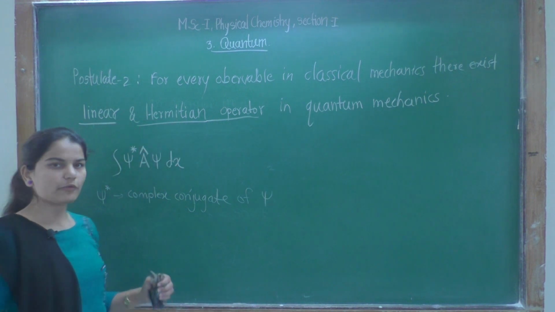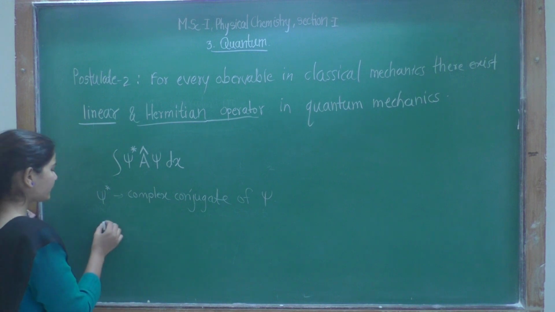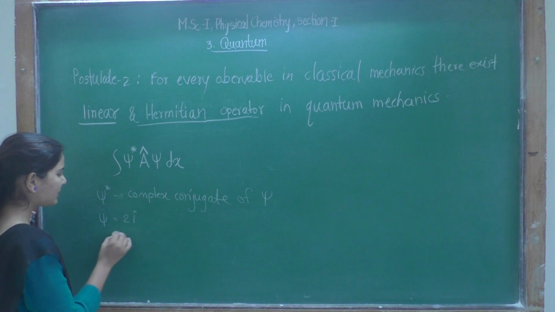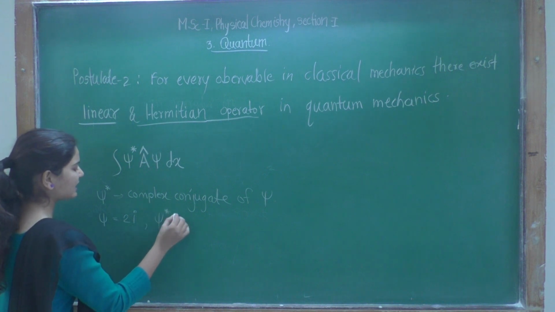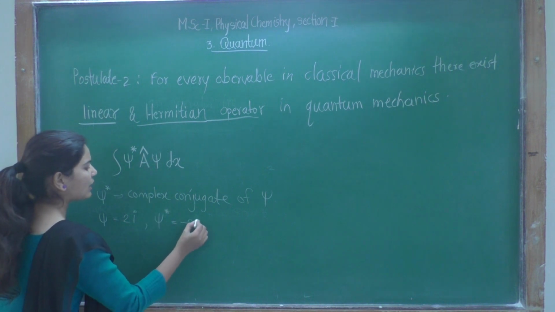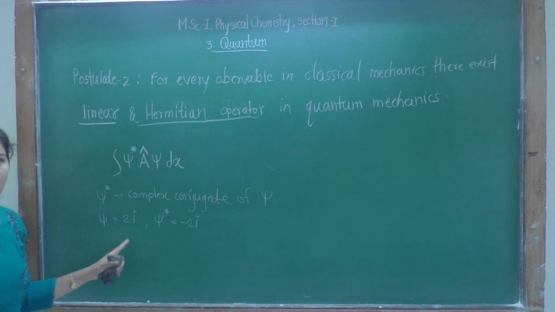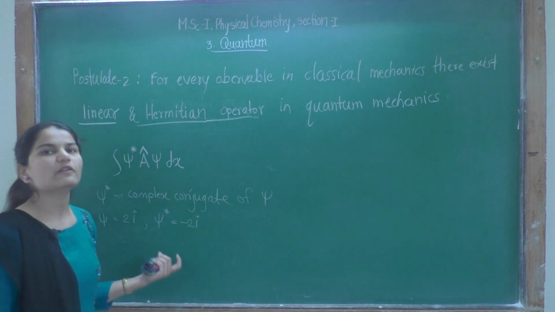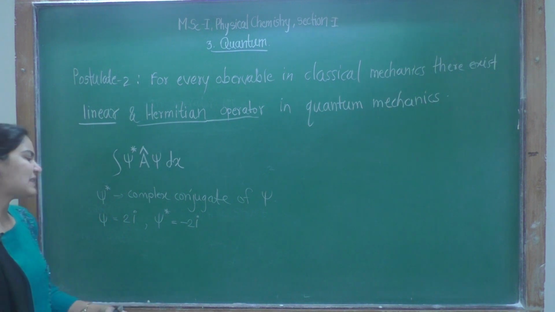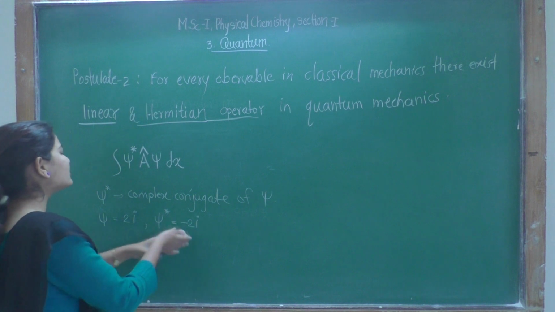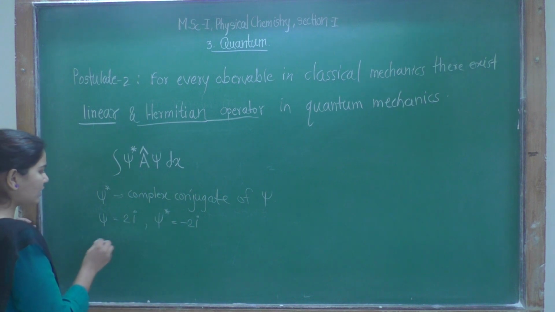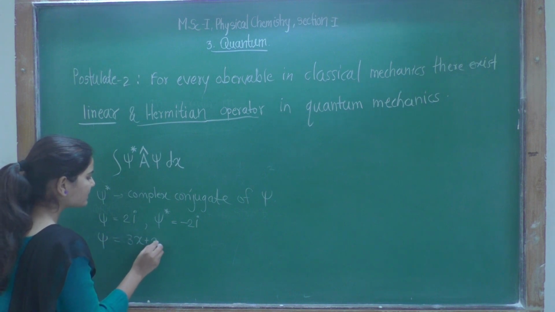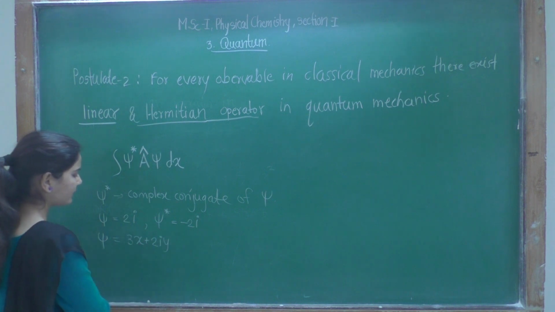And do you know how it can be obtained? Suppose our psi is equal to 2i. What will be psi star then? Psi star is equal to minus 2i. If there is a complex number in the wave function, then we just change the sign and we get its complex conjugate. Next example: 3x plus 2iy.